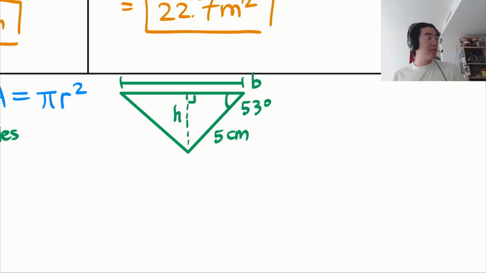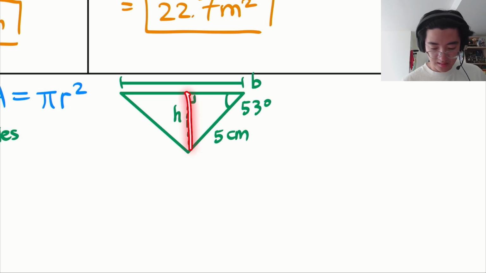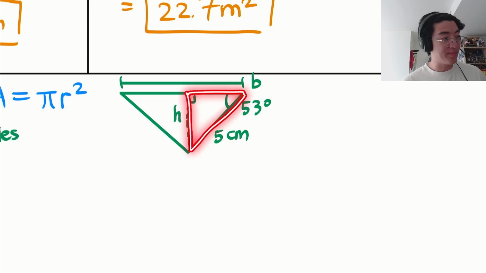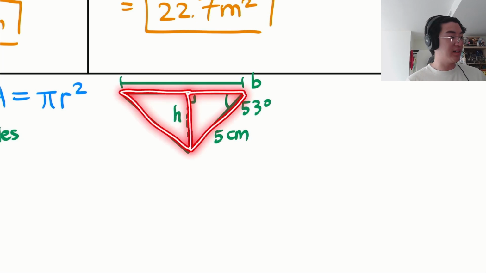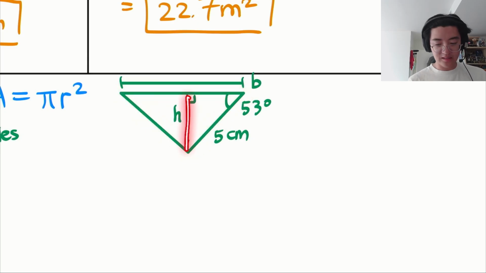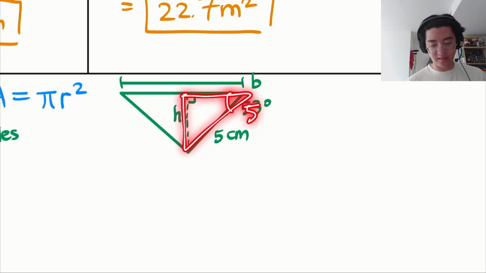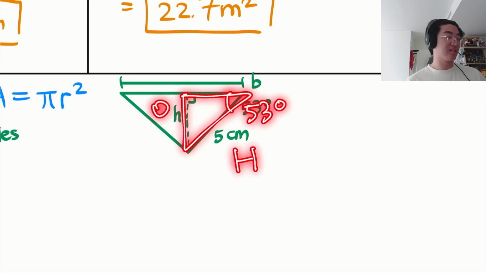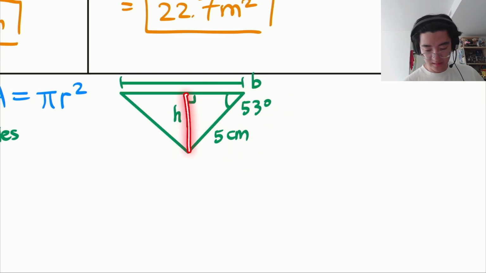Okay, but we also notice here that this triangle here is just made up of the same triangle twice. So the height we can find by looking at this one here. This is 53 degrees. The height is the opposite, that's the hypotenuse. But for the base, we can only find this length right here.